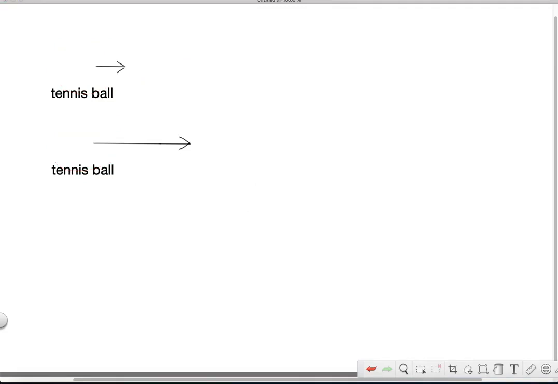So let's then consider two different masses. Let's say these two are traveling at the same speed, both traveling 20 meters per second.